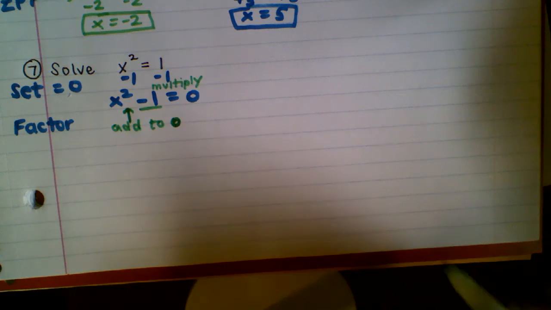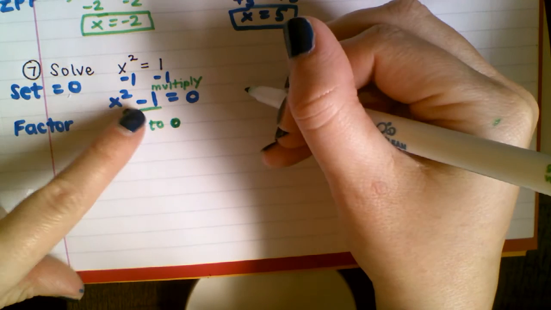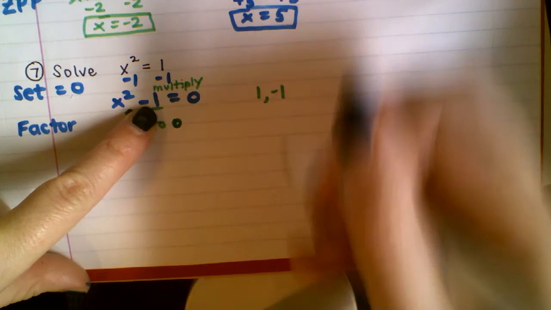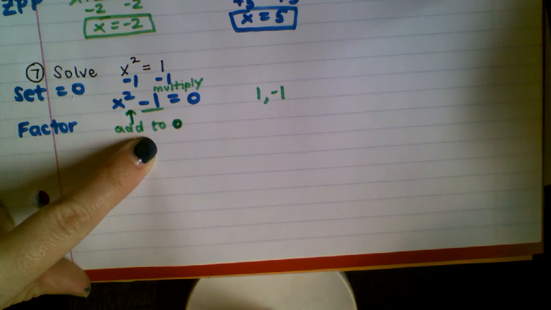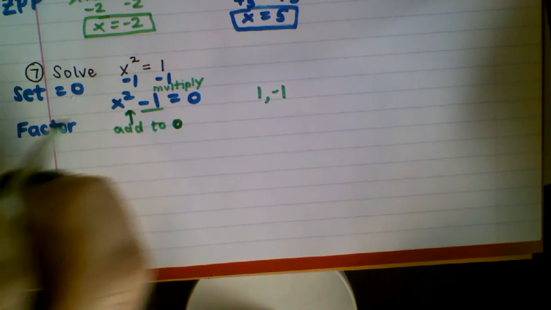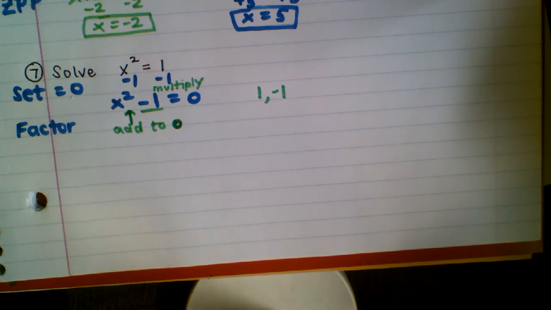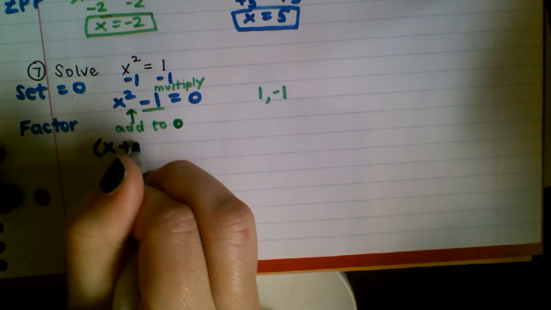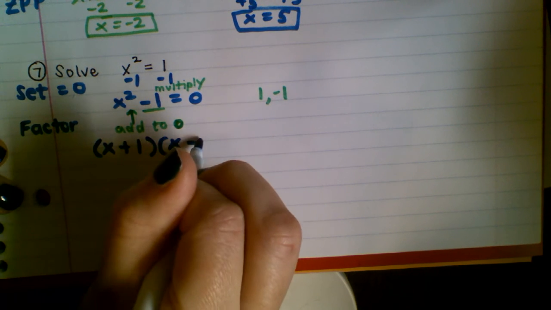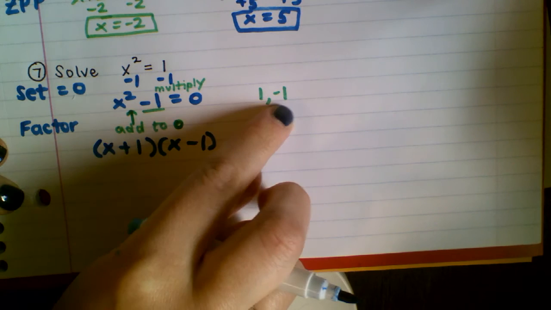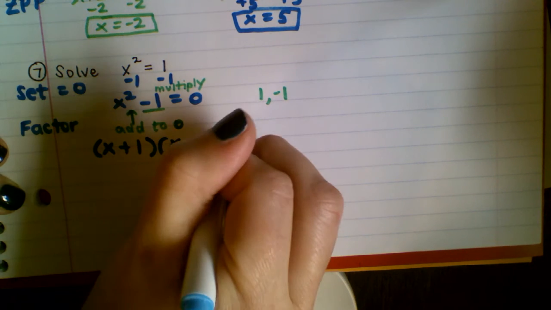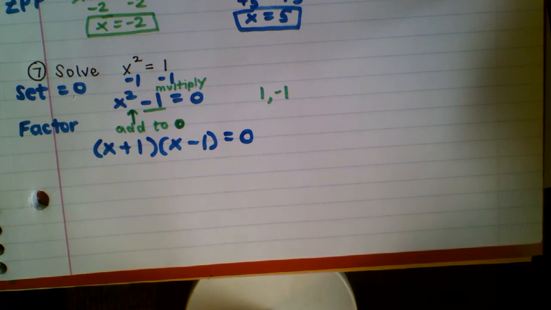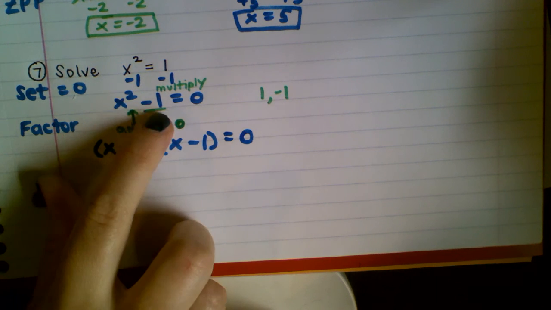So what two numbers multiply to negative 1? 1 and negative 1. And that is it. Do they also add up to 0? Yes, they do. So my factors are x plus 1, x minus 1. Still set equal to 0. So step 2 is done. We set it equal to 0.